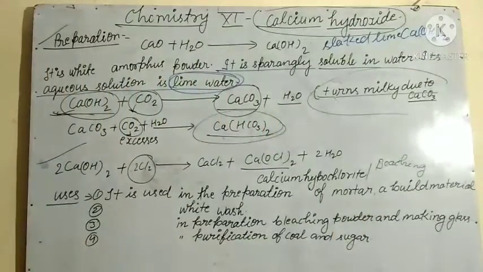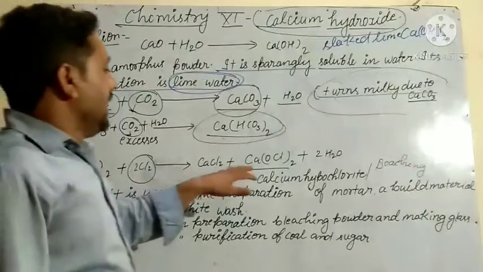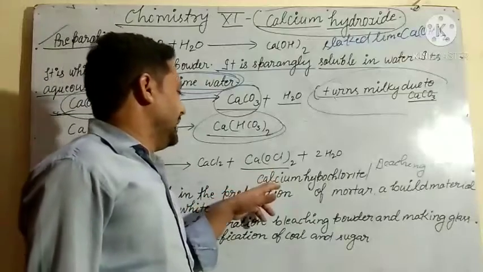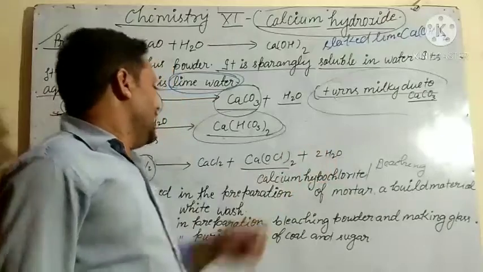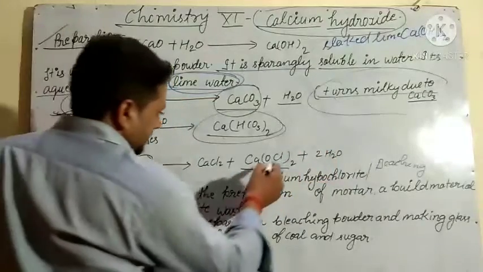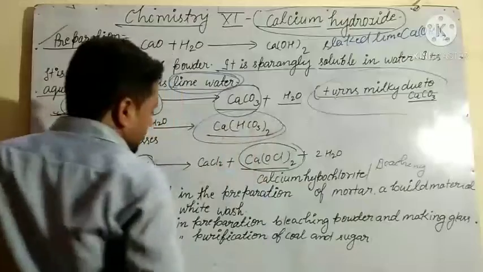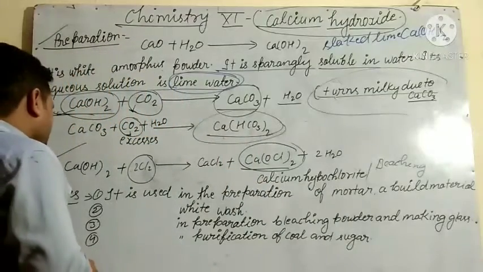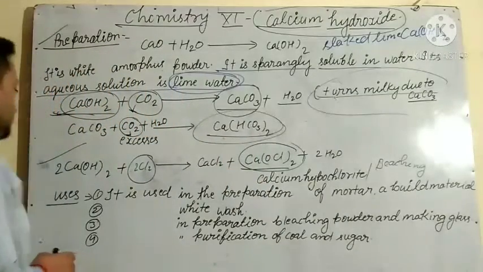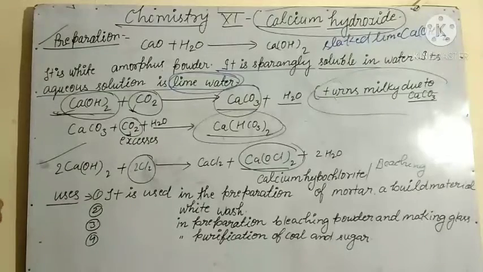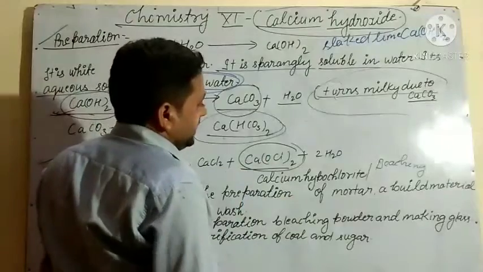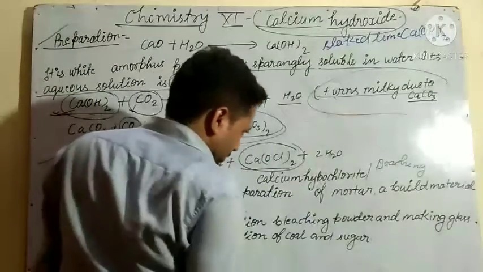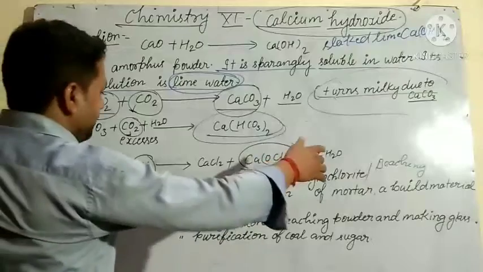So when Cl2 reacts with calcium hydroxide, it gives calcium chloride and CaOCl2, which is calcium hypochlorite, and water. Due to this it is very reactive. So what we have seen is that when calcium hydroxide reacts with chlorine, it gives calcium chloride and calcium oxychloride or calcium hypochlorite, known as bleaching powder.